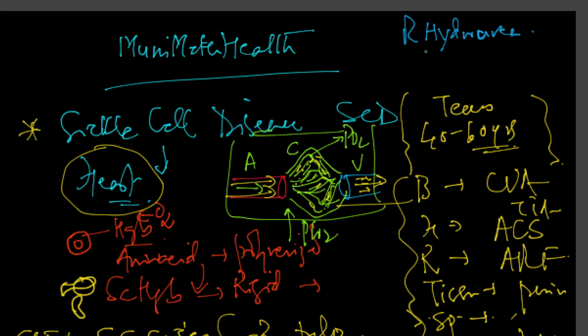And recently the FDA just approved another drug called L-glutamine, also called Endari. That's a drug which also tends to prevent the sickle cell from sickling. So it's very important. There are only two drugs approved by the FDA.